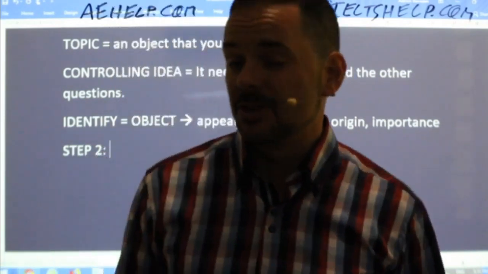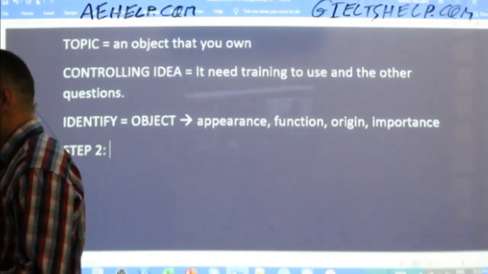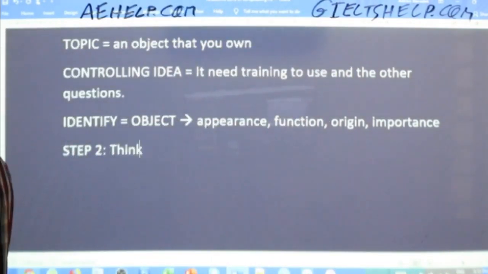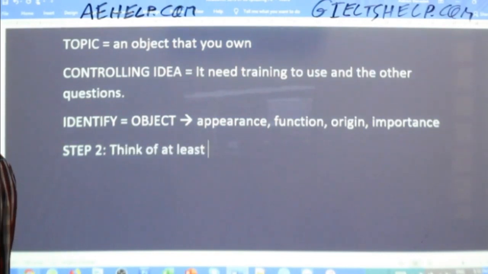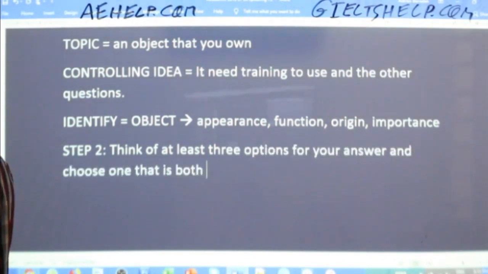Sometimes I think students just quickly pick any old object that they own and think, hey, that'll work, but it's not a good idea. So think of at least 3 options for your answer and choose one that is both unique and easy to talk about.